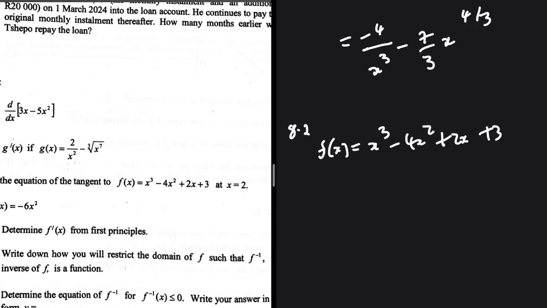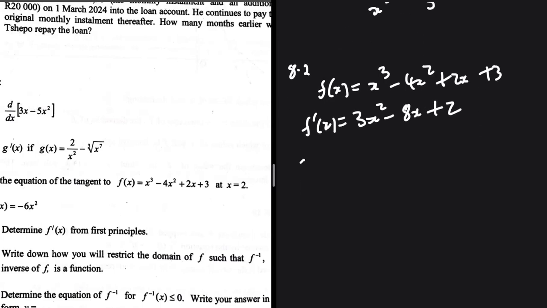And then 8.2, determine the equation of the tangent to f of x at x equals 2. So f of x is equal to x to the power 3 minus 4x squared plus 2x plus 3. When we differentiate this, we are going to have 3x squared minus 8x plus 2.